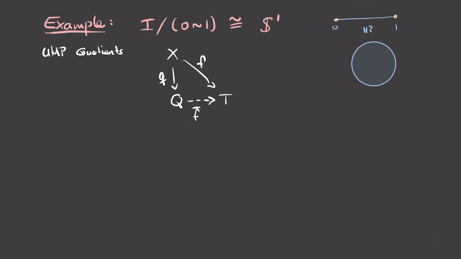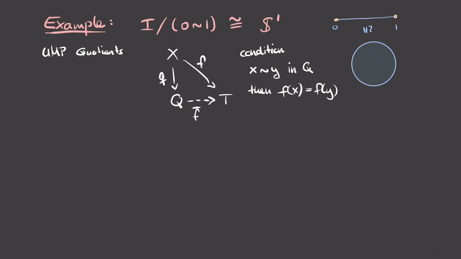Let's maybe write this condition down so it's absolutely clear when this happens. The condition is that whenever we have that X is equivalent to some point Y in Q, then F of X is equal to F of Y. So this means that whenever we identify 2 points, X and Y, in the quotient space, then F has to take the same value on these 2 points.